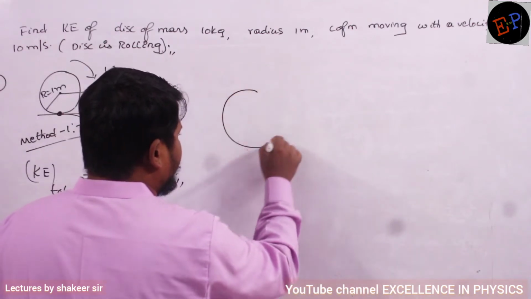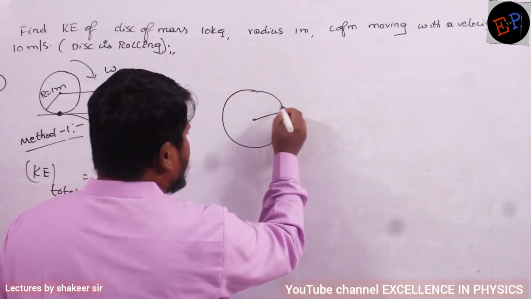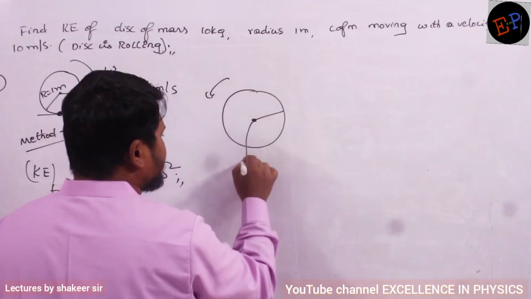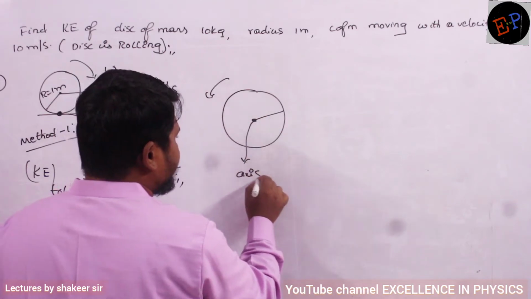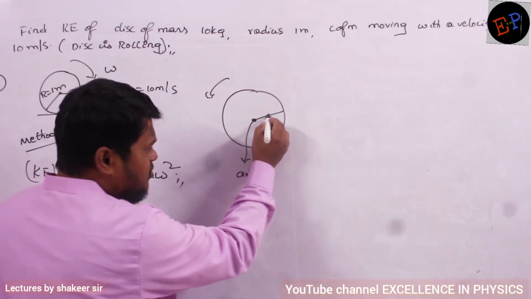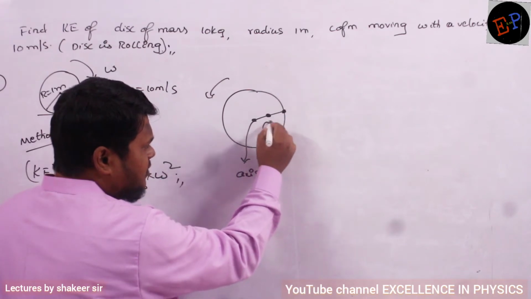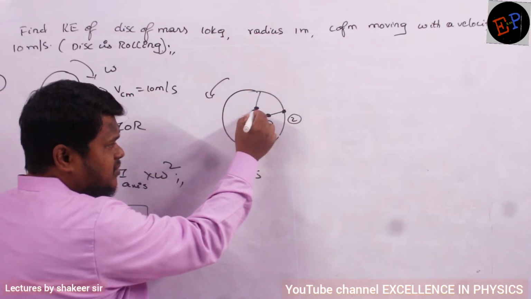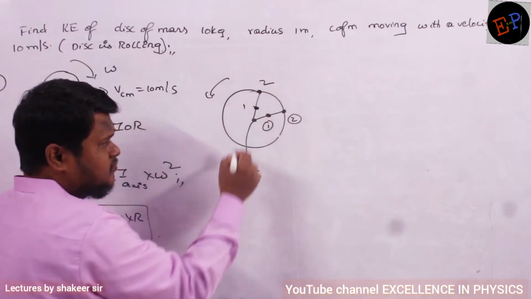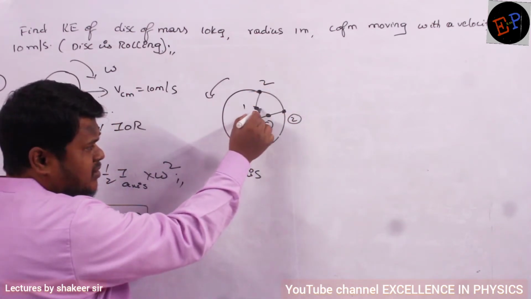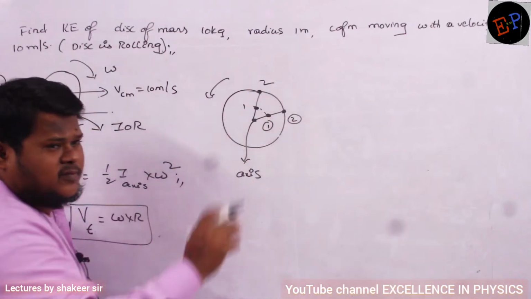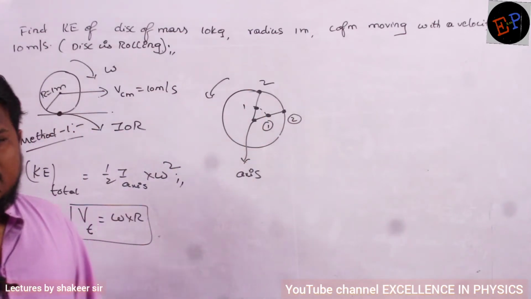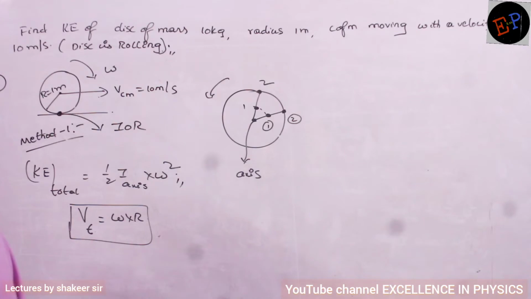We have taken one body rotating about an axis of rotation, and two points, point number 1 and point number 2. After some time these points reach up to here. Point 1 covers less distance, point 2 covers greater distance. It means whose tangential speed is greater?